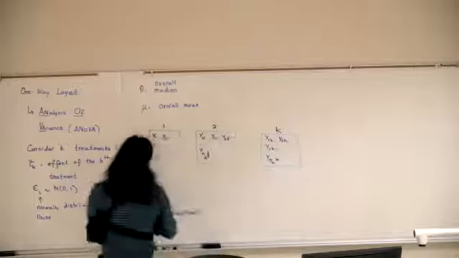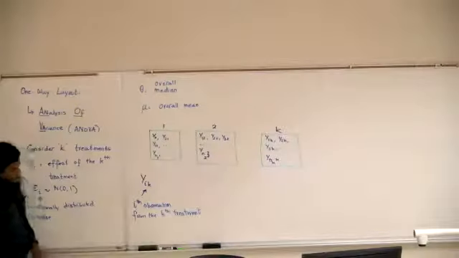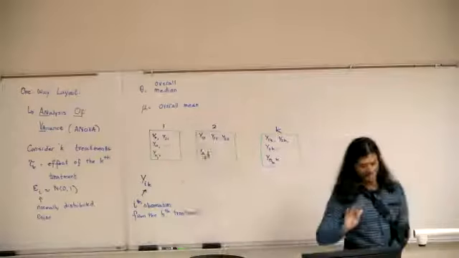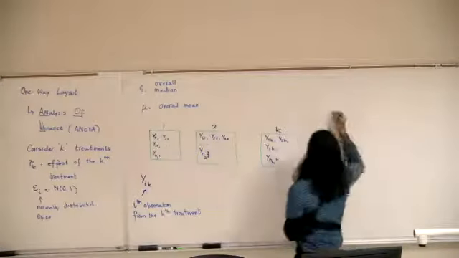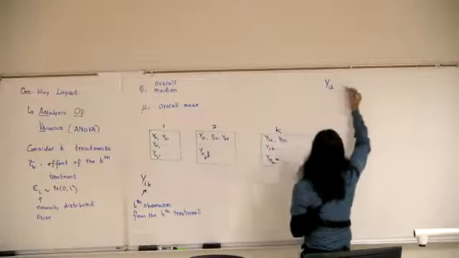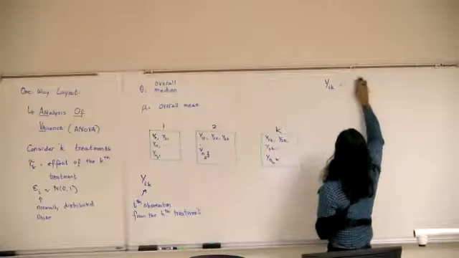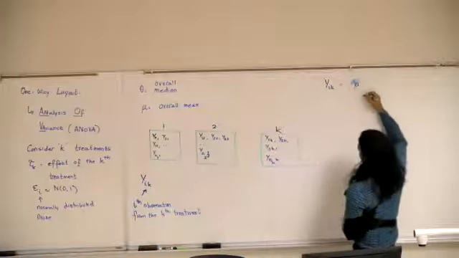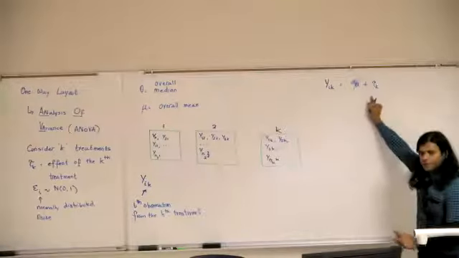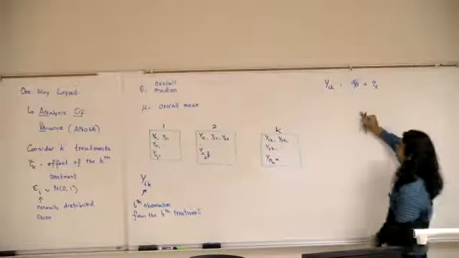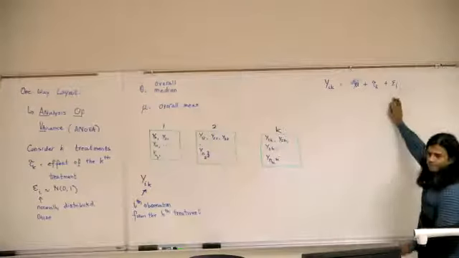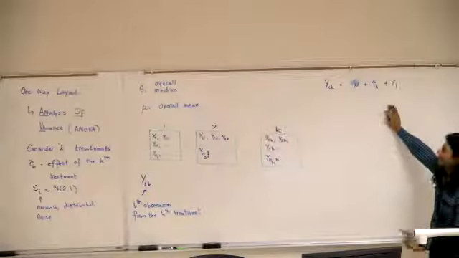Let's say we take the overall effect. In other words, we just take the average. The ith observation is given by the overall mean plus the effect due to the kth treatment and noise that would result in variability.